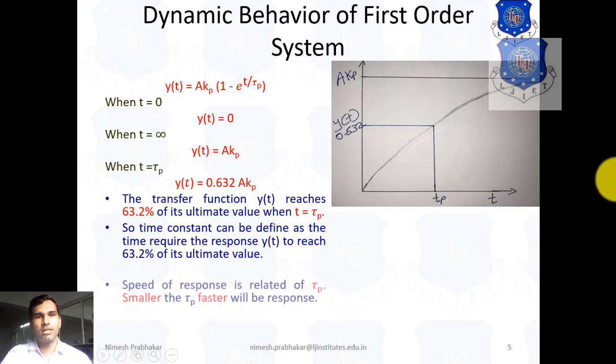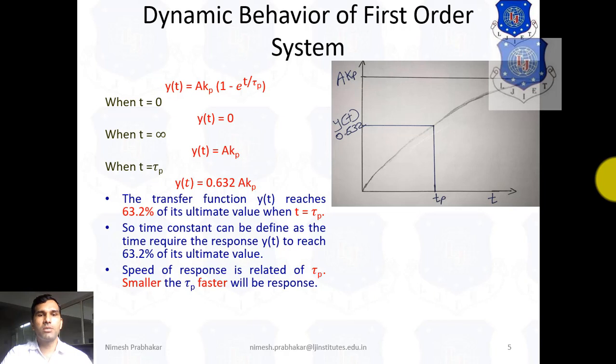So for further understanding, the speed of response is related to tau p. That means by using this phenomenon we can say the speed of the system or the response is related to the tau p value. If tau p is smaller, then the response will be faster, because the tau p value is small.